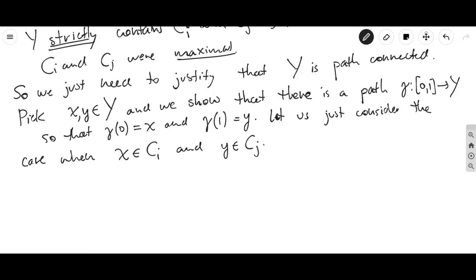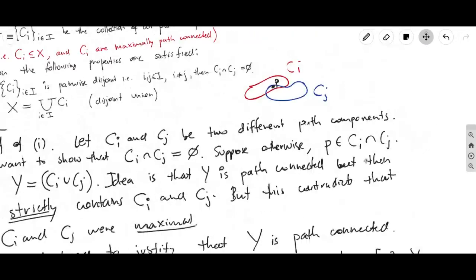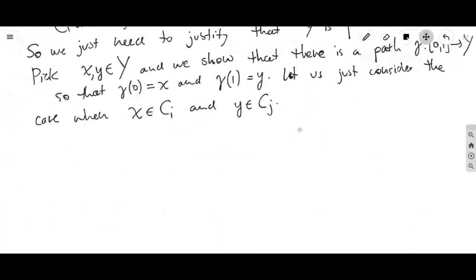There's really 4 cases you need to consider, but they're all very similar. I think this is the most interesting one, where they're coming from 2 different path components. And then from the picture, maybe you already see an idea of what to do here. If X is over here and Y is over there, the way you construct the path is you first construct a path from X to P, and then you construct a map from P to Y, and then when you juxtapose them together, you get a direct path from X to Y.